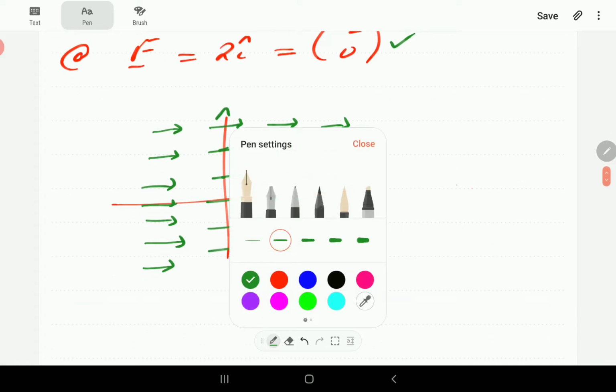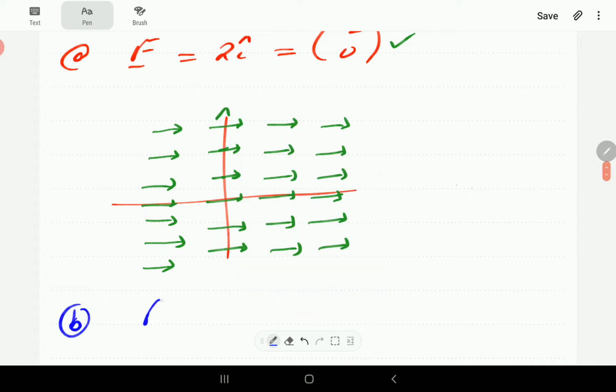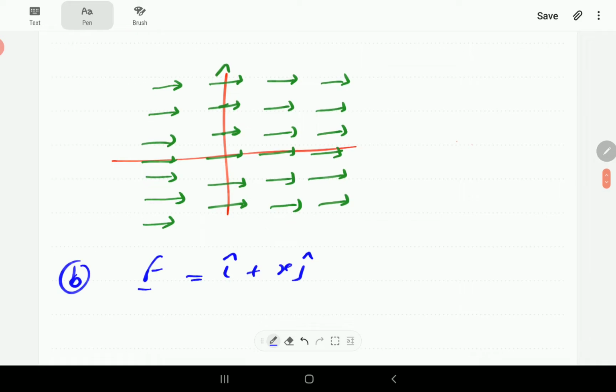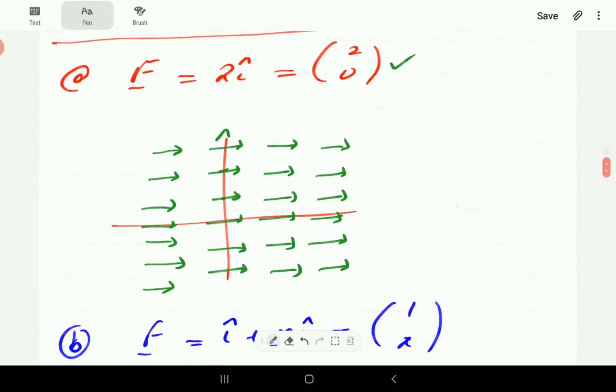Going to part B. In part B, we have vector field i plus xj. So for this one, the x component again is always going to be constant. It's going to be 1. But the y component is going to be given by the magnitude of x.